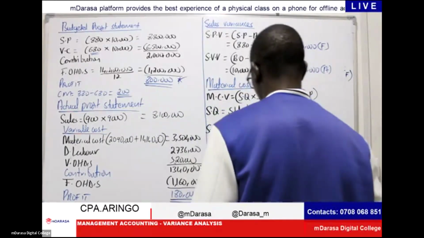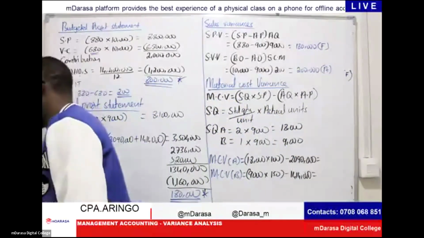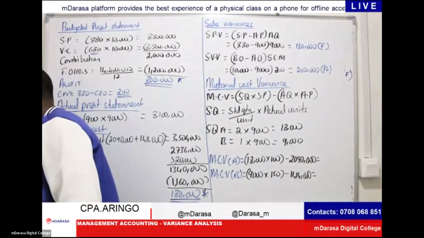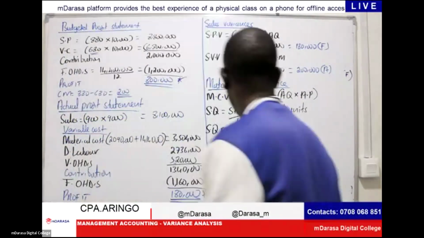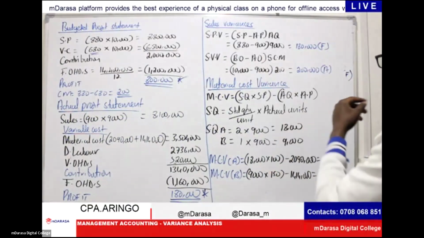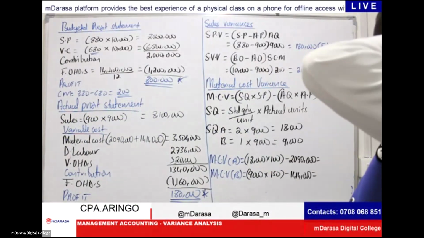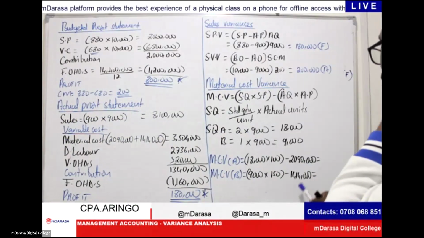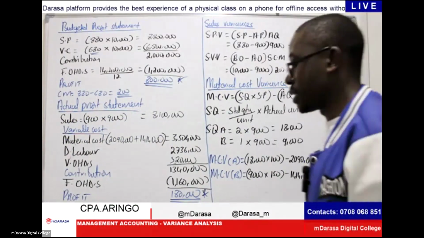So at the end of the day, we have our cost variance as simple as that. Or better still, you can go the other route: you determine one, then you multiply directly. That is another route you can have. But in this case, you're given directly, so that's why we are just taking it directly.